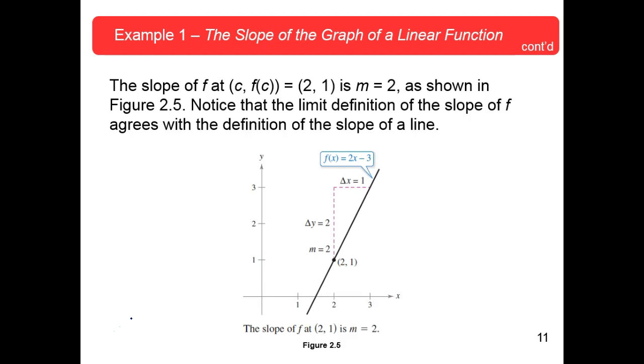Sure enough, that's going to intersect down here at -3. They don't make it big enough, but the slope of that is 2, because it goes up 2 for every 1 it goes over. 2 over 1 is 2. Always. It doesn't have to be just one value. It could be any value you put in. So the slope of a linear function is the slope of that linear function. That should make you feel good.